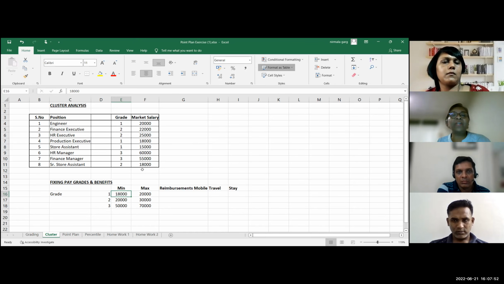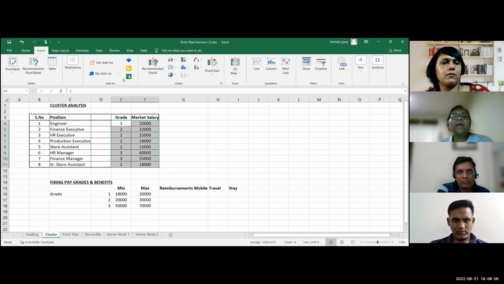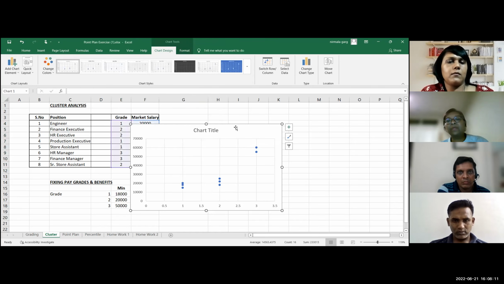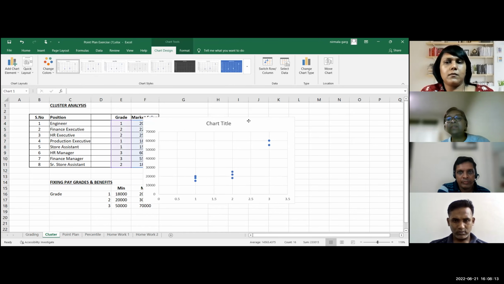So typically what will I do? One is, I will select this, okay? And I will go to insert and then go to a scatter chart. I'm sure all of you do that. All right. This is simple.